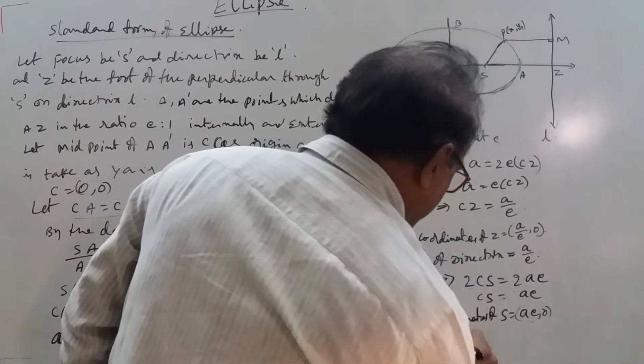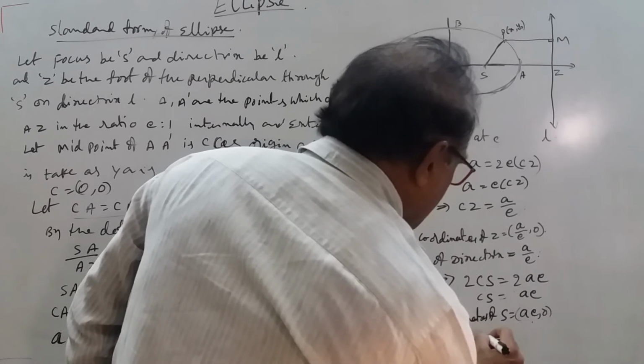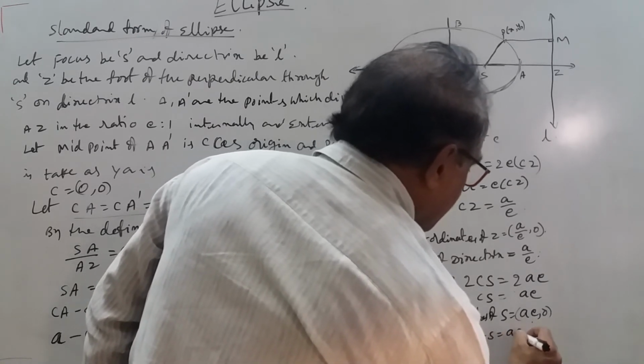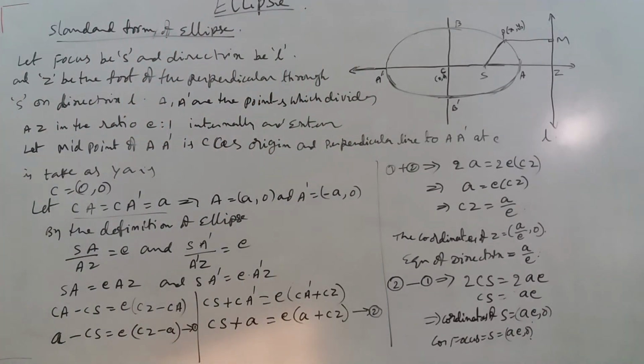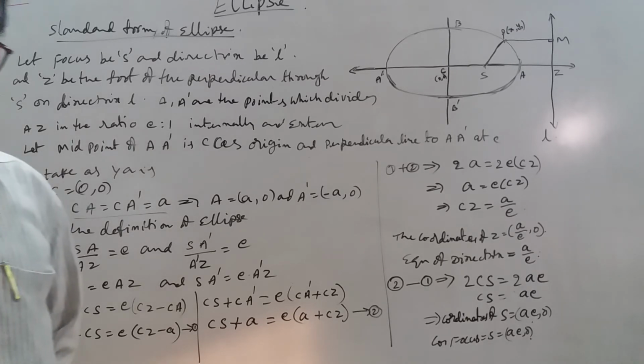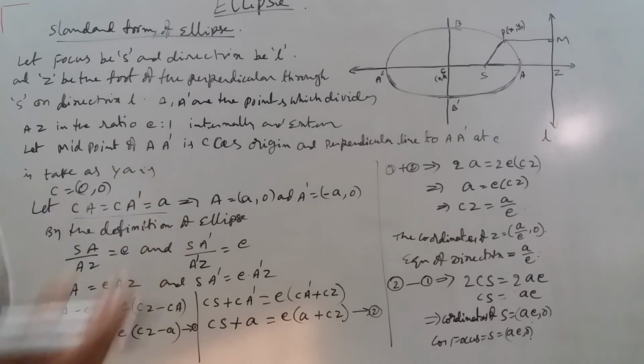Therefore, the coordinates of focus S are ae, 0. In this way, we find the equation of the directrix and the coordinates of the focus. Okay, I will write on the board. Further, we will go to the next step.